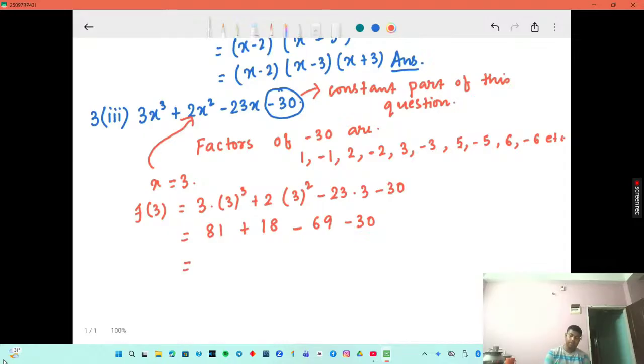So here we solve: 99 minus 99, and the resultant will be 0.